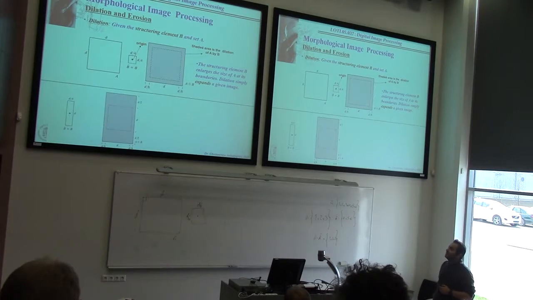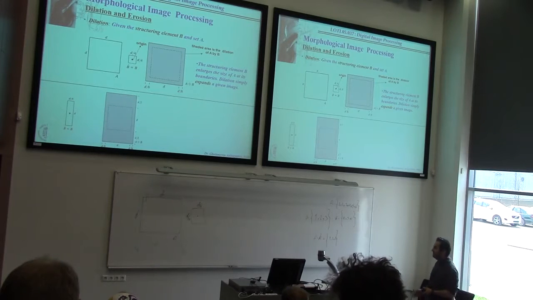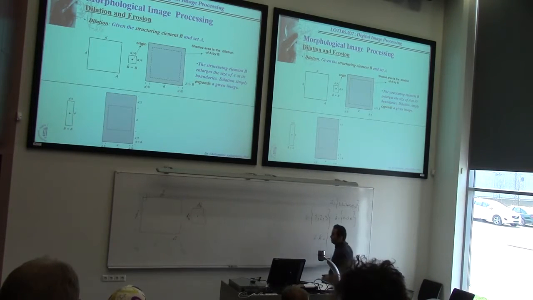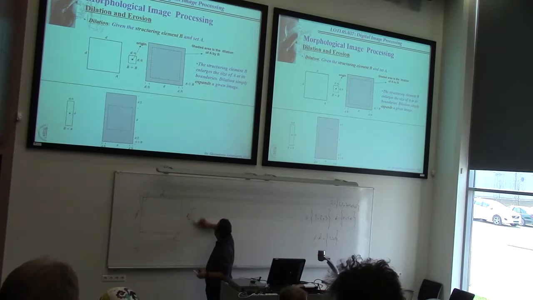You can see another example here when we have this form. This set of A is exactly equal to this, and the structure element or the set of the B is like this. Instead of this form, this structure element.